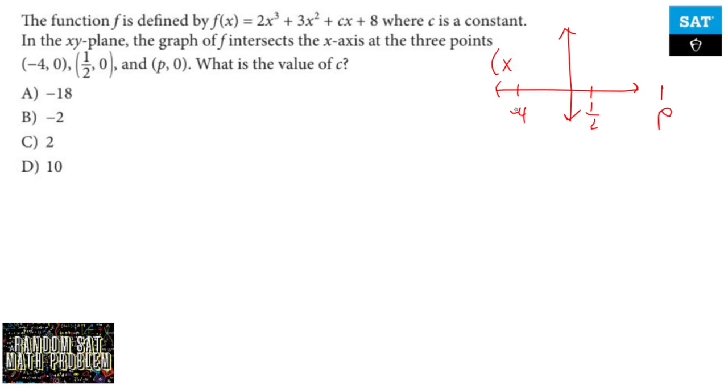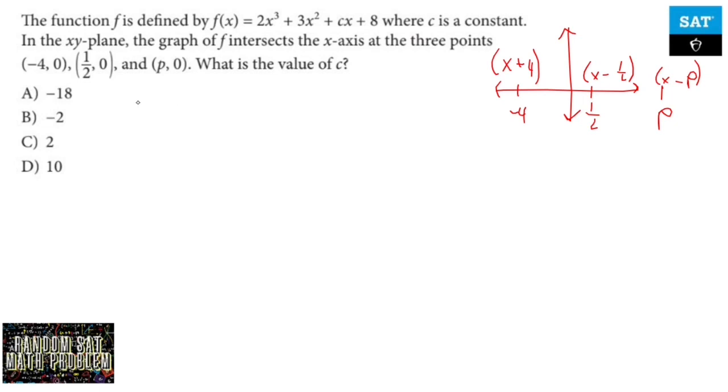That something is going to be the opposite of this. So x plus 4, x minus a half, and x minus p. So that times that is going to equal that.